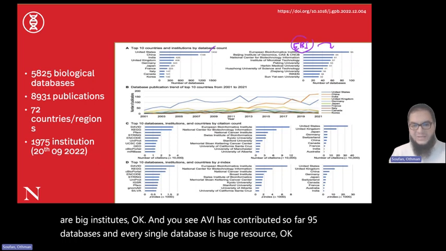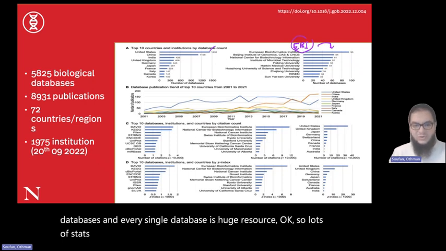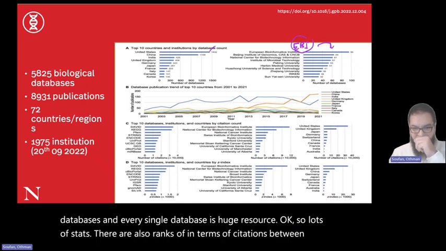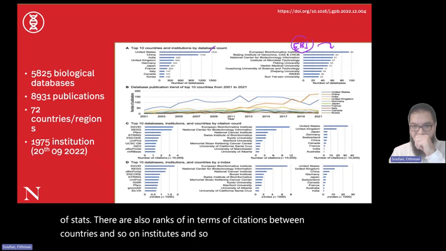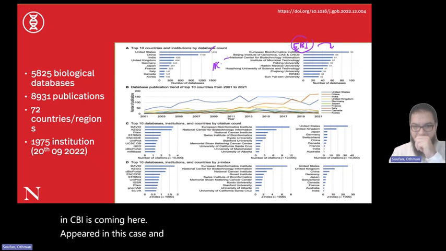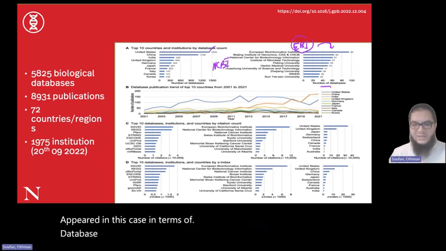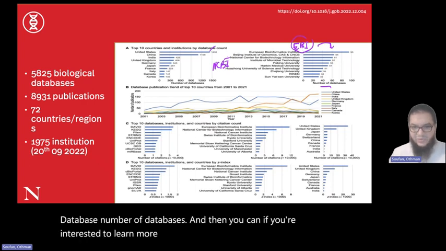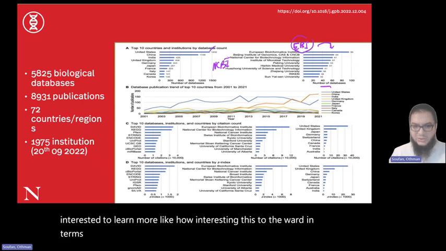So lots of stats. There are also ranks in terms of citations between countries and institutes and so on and so forth. You will see NCBI is coming third in this case in terms of number of databases, and if you are interested to learn more about how interesting these are to the world, it's ranked second.